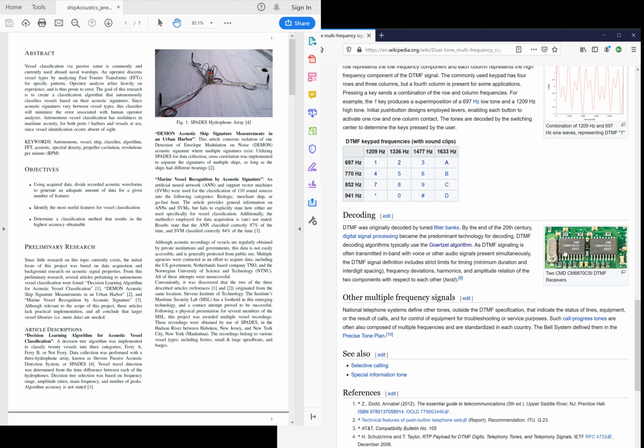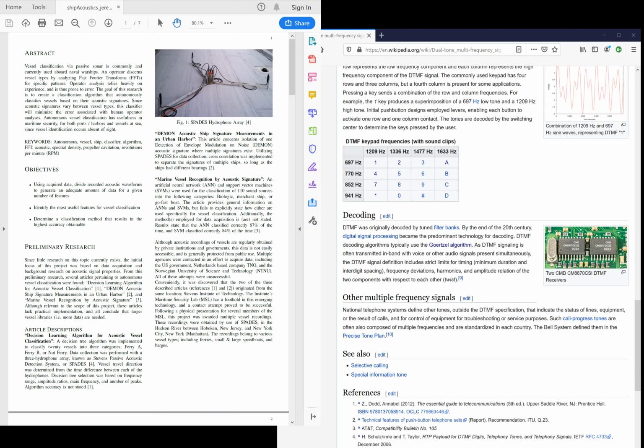So the way this works is that the signal comes in, and then the chip takes the Fourier transform of the signal, looks at it, and gets the two peak frequencies. And then, based on those two peak frequencies, compares it to this table using some digital logic, and then outputs the key that was pushed. That's how it works. Pretty neat, right?